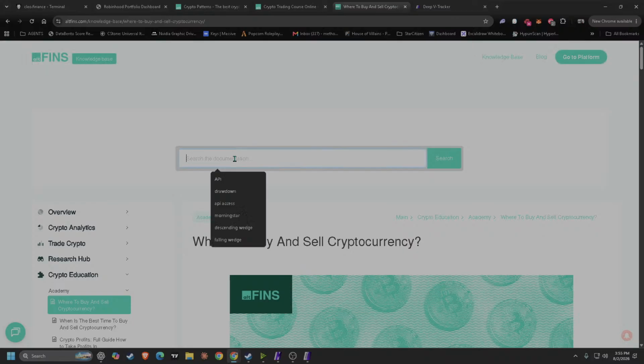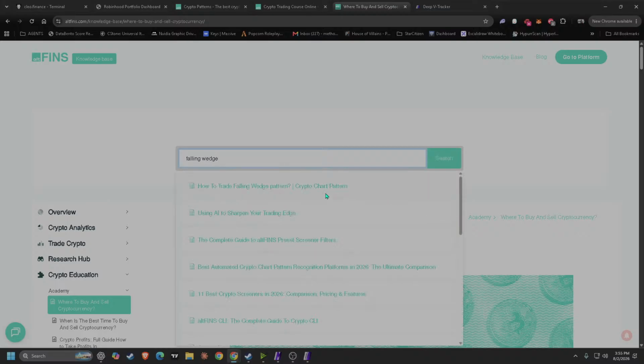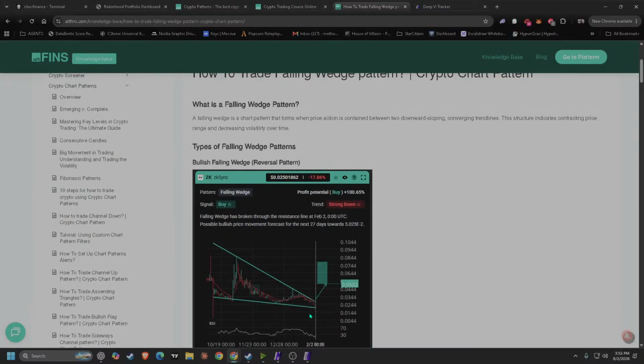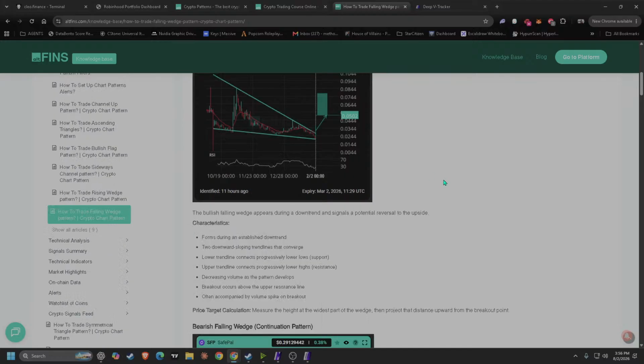But all I'm going to really go over is, okay, we saw a falling wedge, right? And there's a section on how to trade the falling wedge pattern. It shows you what it is, what its tendency is. It's a bullish falling wedge reversal pattern.